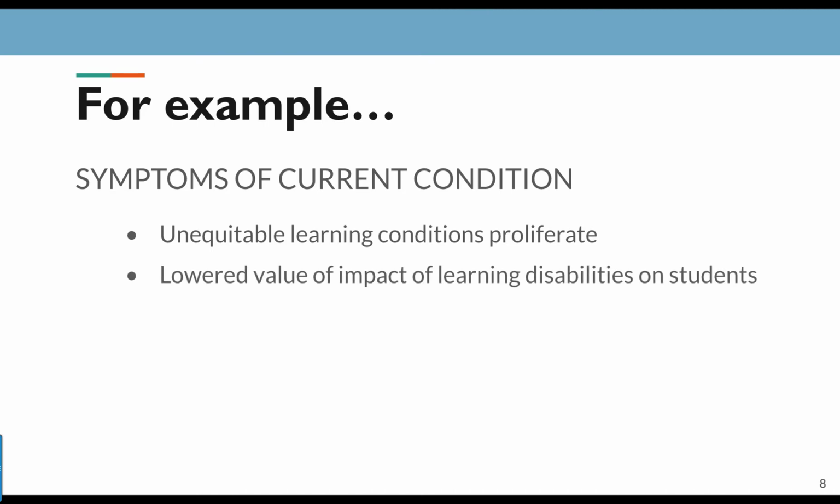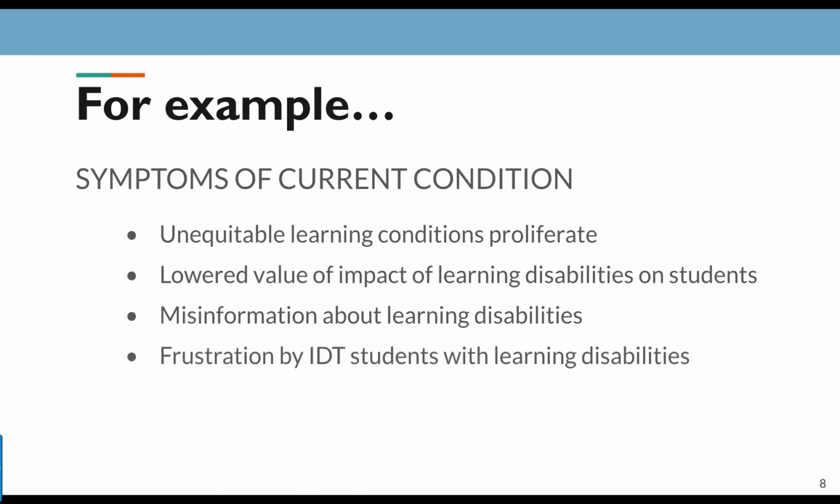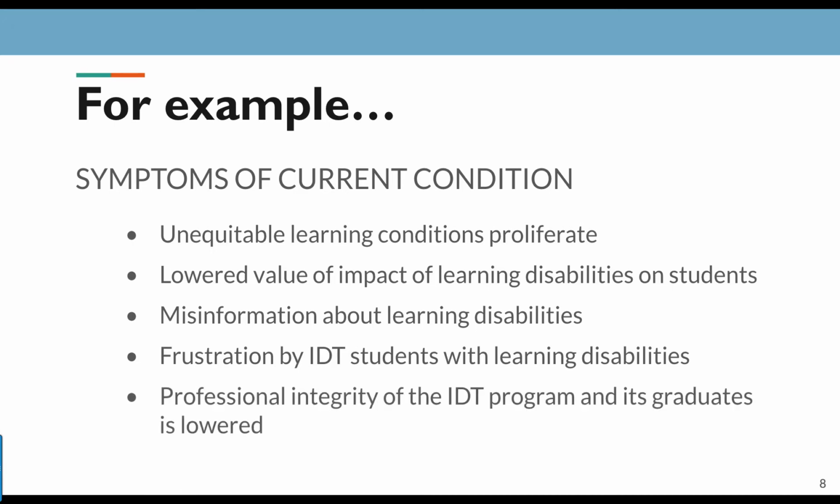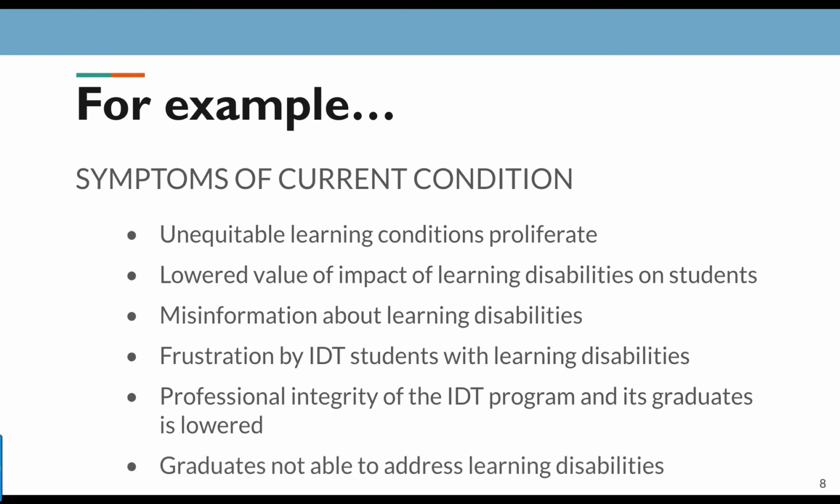There could be the possibility of a lowered value of impact, the understanding of learning disabilities on students. There could be misinformation about those learning disabilities. There's frustration by students who have learning disabilities that are not being addressed through the instructional content. Certainly, there's a possibility that the professional integrity of the entire program and its graduates is lowered.